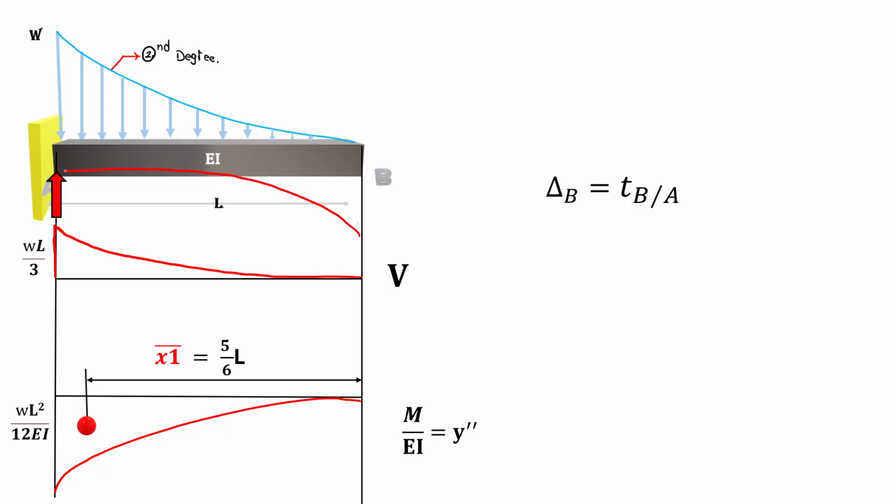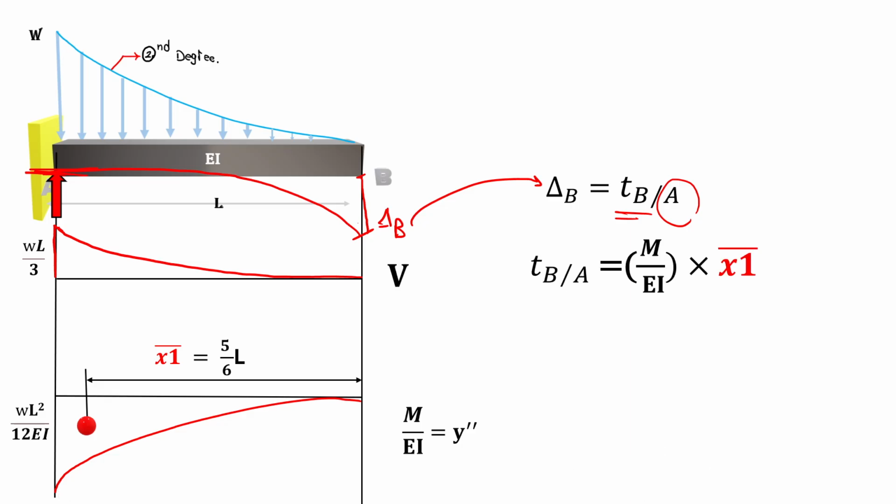So delta at B is equal to the tangential deviation at B with respect to a vertical line. This is the vertical line which passes through A. So this is the second moment area theorem, and that simply says the area under M over EI times x1 bar is equal to delta 2, or delta at B for our second case.